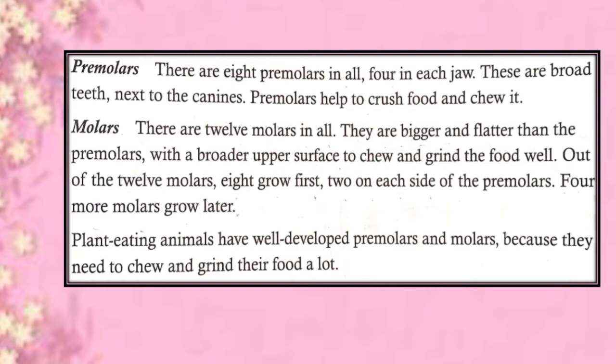Plant-eating animals have well-developed premolars and molars because they need to chew and grind their food a lot. Our 12 molar teeth are our biggest and strongest teeth.